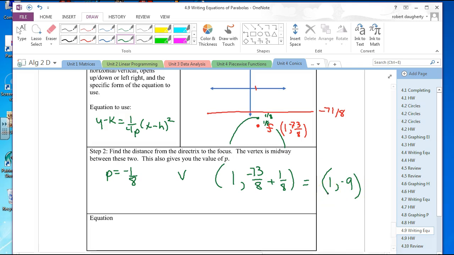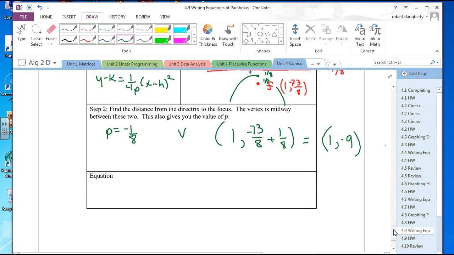So now what's the equation for this guy? It's going to be y plus 9 equals 1 over 4 times what? Negative 1/8, times x minus 1 squared.